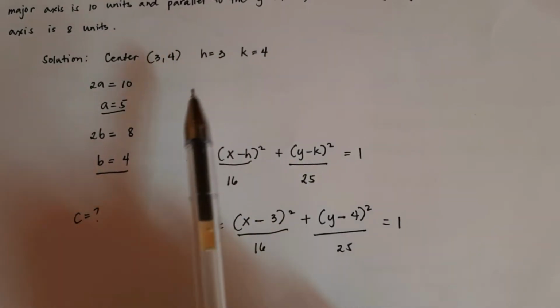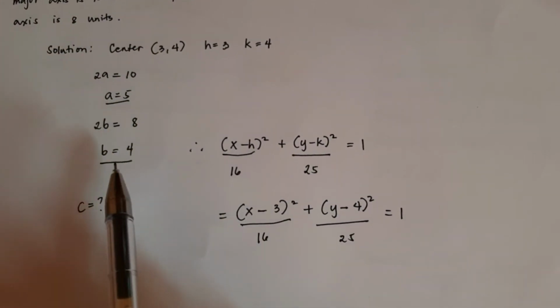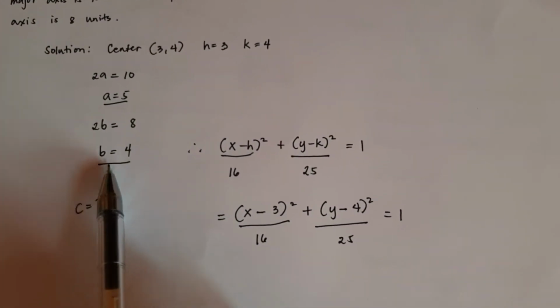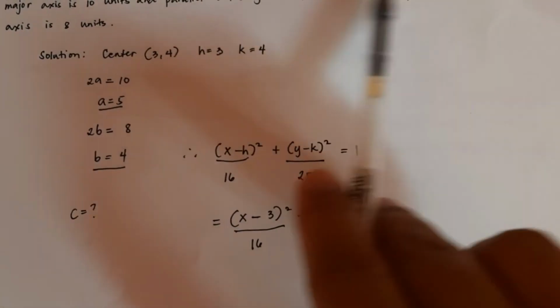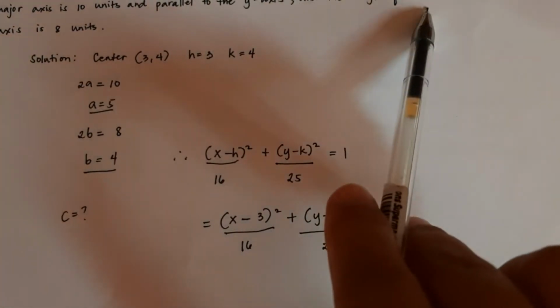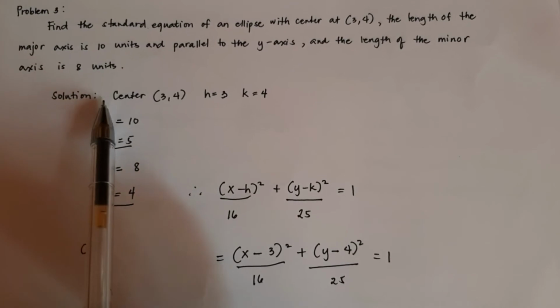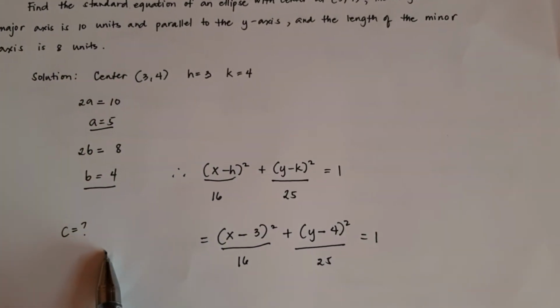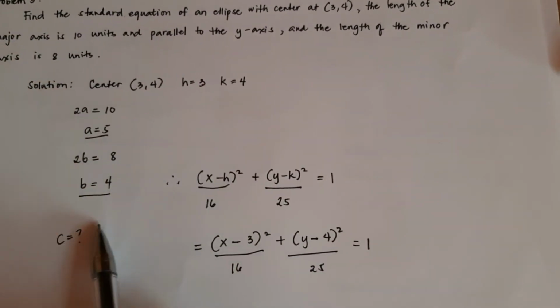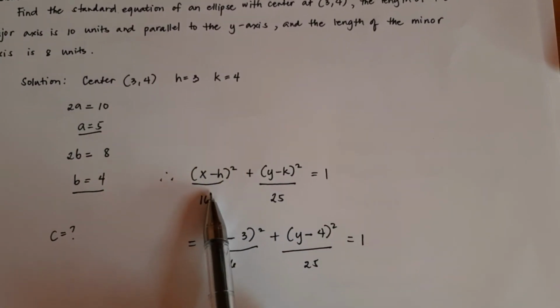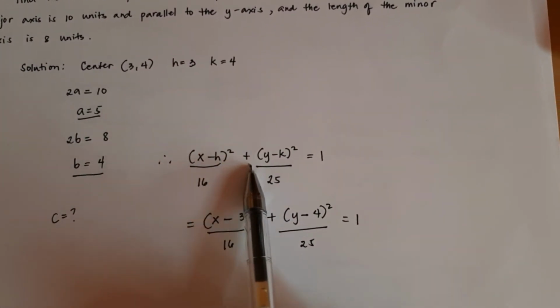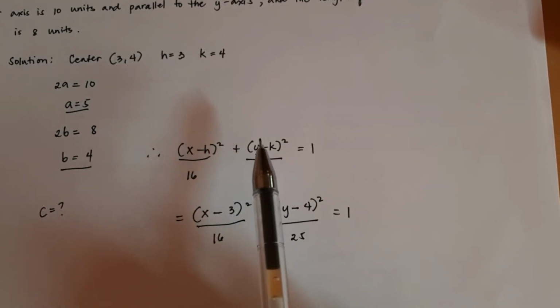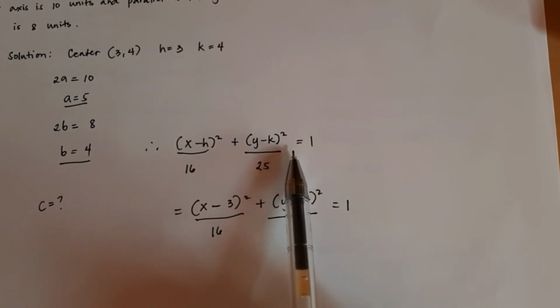So, makukuha na natin agad yung values ng a tsaka b galing dito sa length ng major axis at saka ng minor axis. Since c ang nawawala, yun lang ang kailangan natin, so pwede mo nang isulat yung standard equation, (x minus h) squared plus (y minus k) squared is equal to 1.